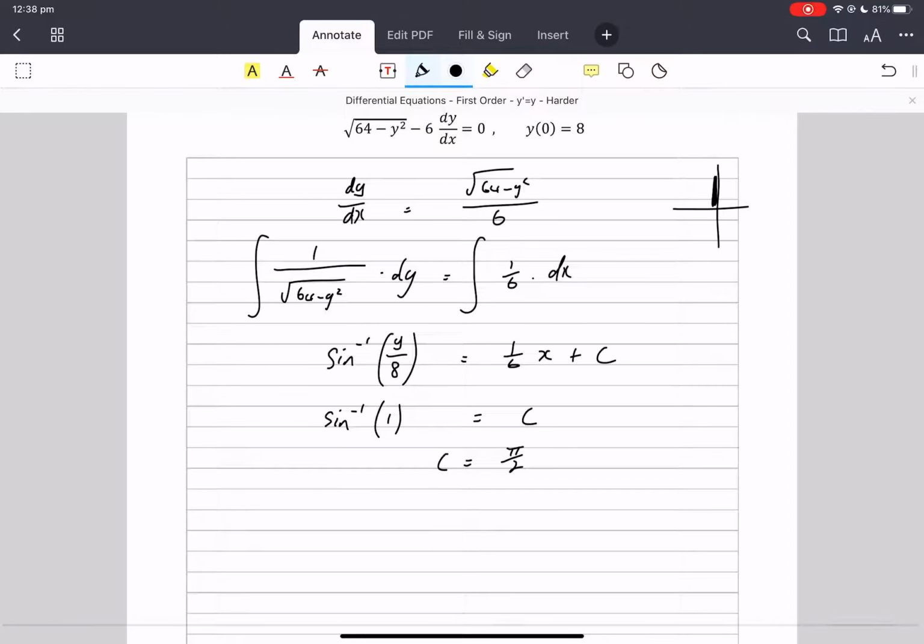So this is going to be a bit long, but anyway. So we know that this C is pi on 2. I'm just going to crunch that up a little bit instead of writing it out and going down the page 1,000 times. Let's get the y to the other side. So y on 8. So I'm getting the arc sine to the other side.